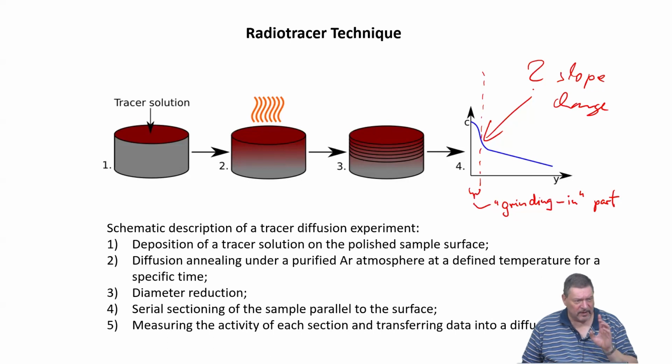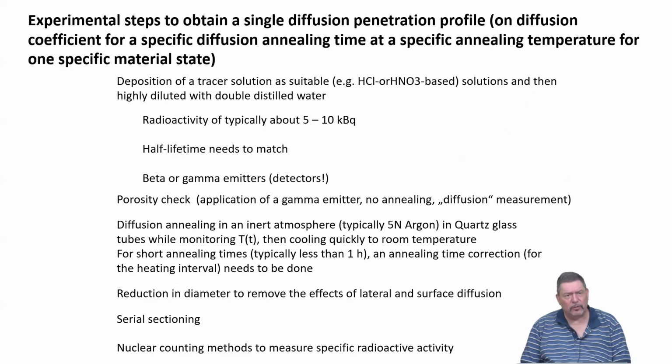So one has to take this into account when one evaluates diffusion profiles. I will also show this later to you, because you basically have to subtract a zero profile in order to get out the grinding-in effect, and just then process the artifact-free diffusion profile.